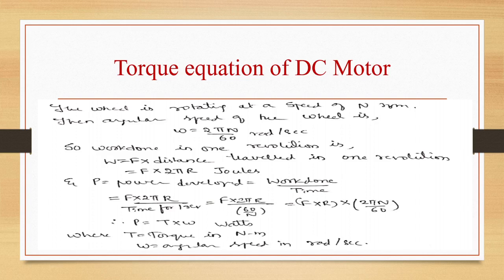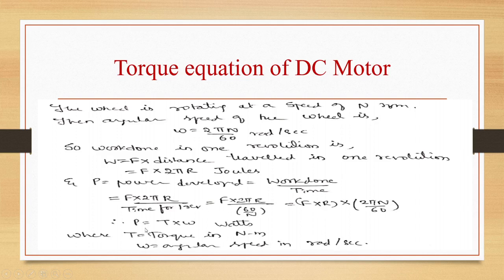What is power? Power is nothing but work done by time. So power is F into 2 pi r divided by the time for one revolution, that is 60 by N. So what I am doing here is F into r at one place, then 2 pi N by 60 at another place. F into r is nothing but torque. As I said earlier, torque is nothing but force into the radius at which the force acts.